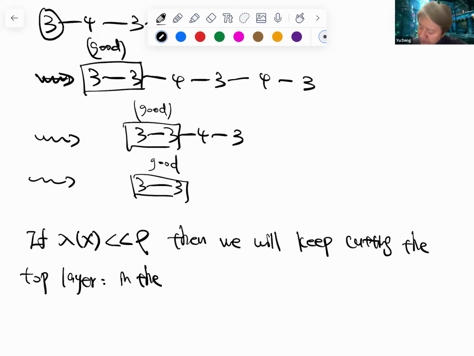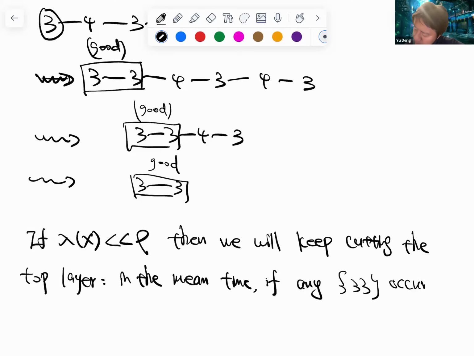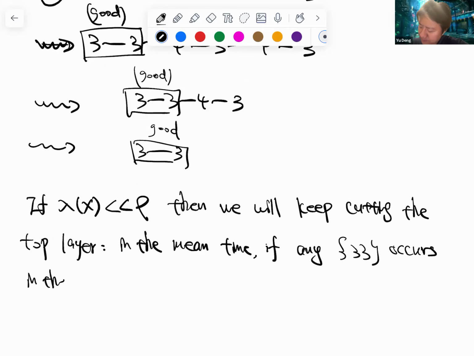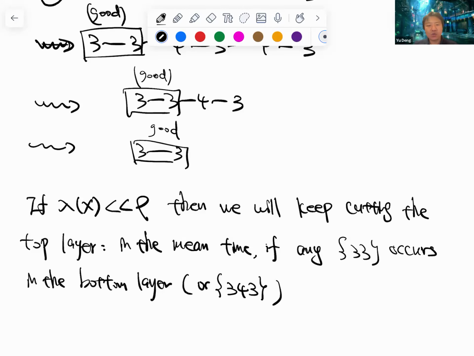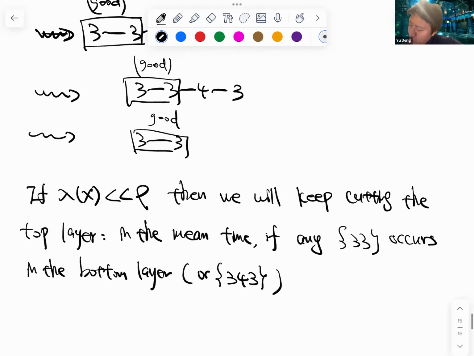And in the meantime, if any kind of a 3-3 occurs in the bottom layer, and actually for technical reasons we'll include a similar structure called 3-4-3, but this is a minor detail, we remove it immediately.